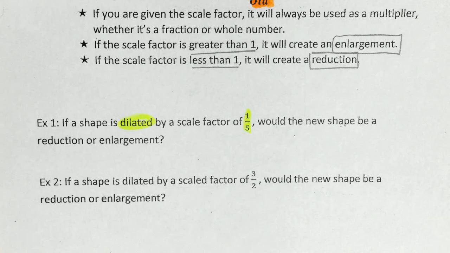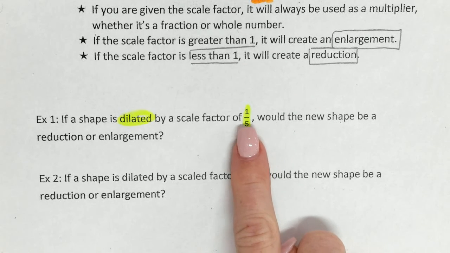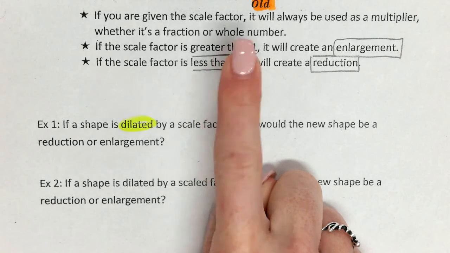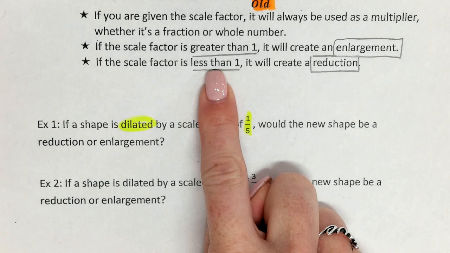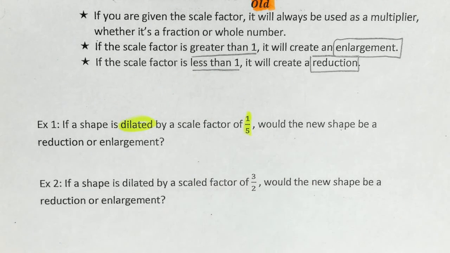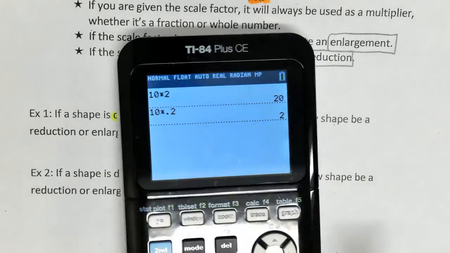So how am I going to determine this answer? I need to know if this number is greater than 1 or less than 1. So could I just change it to a decimal? So let's go change 1/5 to a decimal.